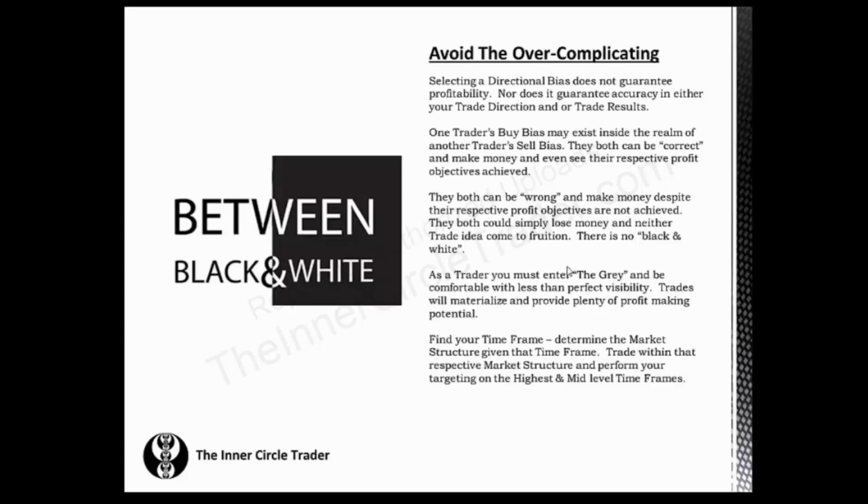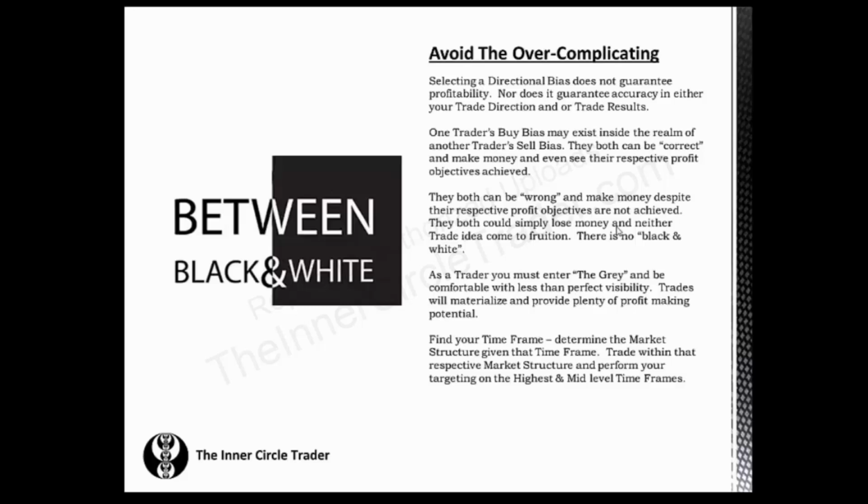However, they both could simply lose money and neither trade idea come to fruition. There is no black and white. It's very important you understand that. As a trader, you must enter the gray and be comfortable with the less than perfect visibility. Trades with the foresight that you're expecting don't exist. Nobody has a crystal ball. I don't have it.